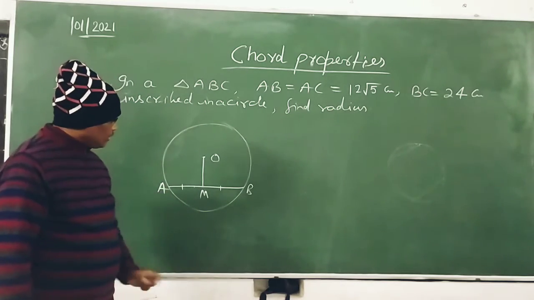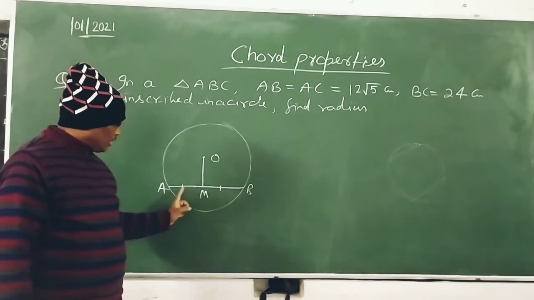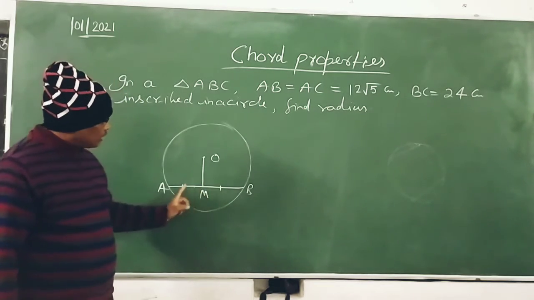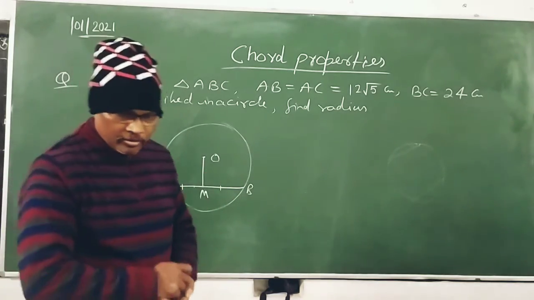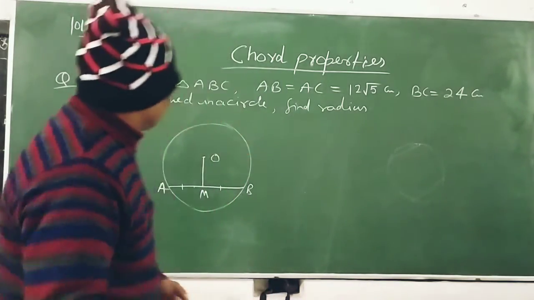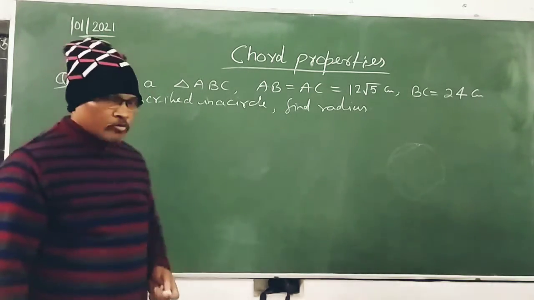And third, a line which is perpendicular to AB and divides it into two equal parts will always pass through the center. तो ये जो theorems हैं, according to these theorems, we have the questions.